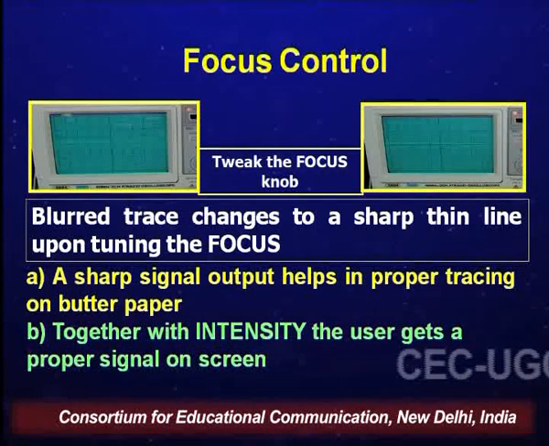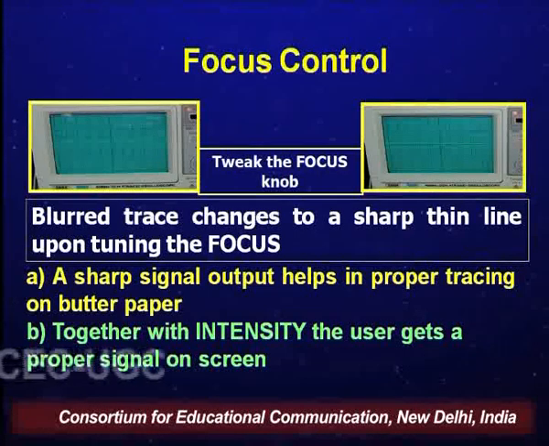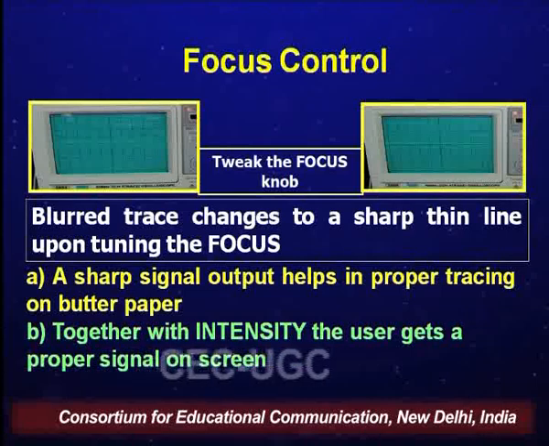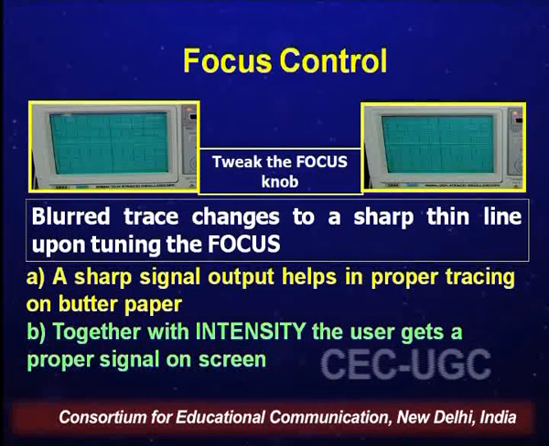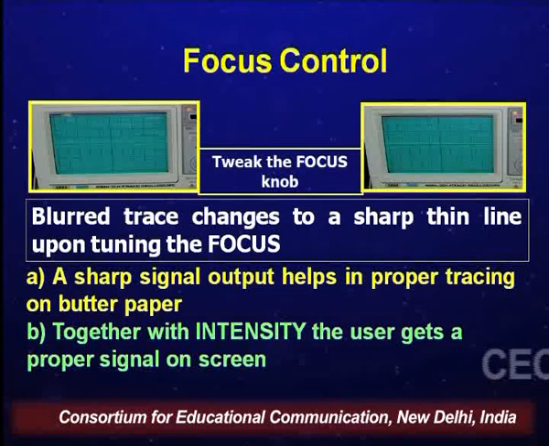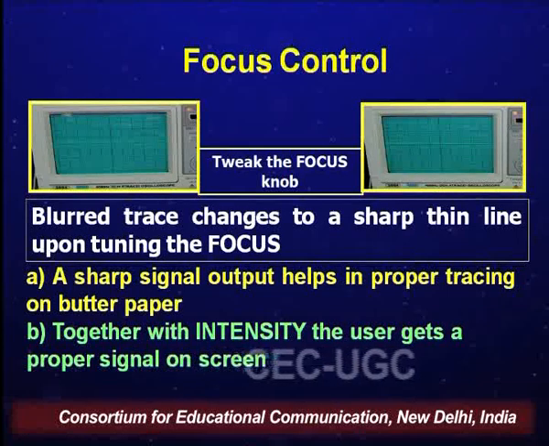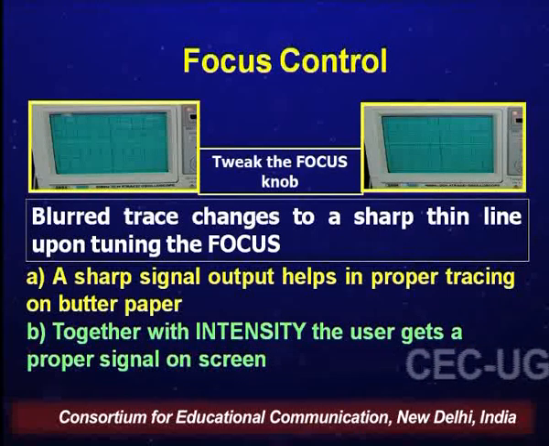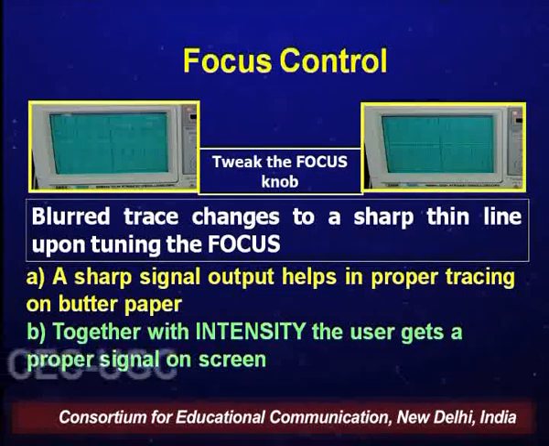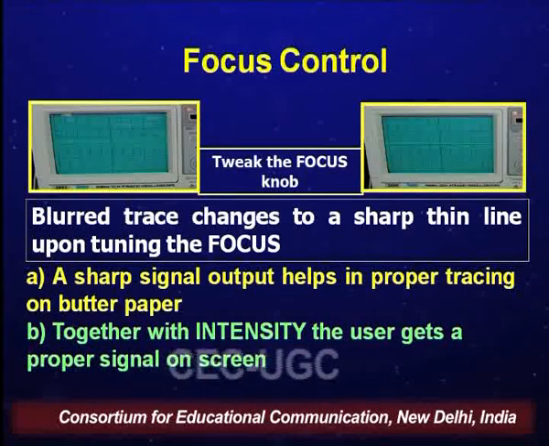That ensures the beam is sharp, yet there is a drawback. The drawback is the repulsion between the electrons themselves. So one has to apply focus control, which is nothing but a voltage on the grid of the CRO, to ensure that the electrons remain in the beam.